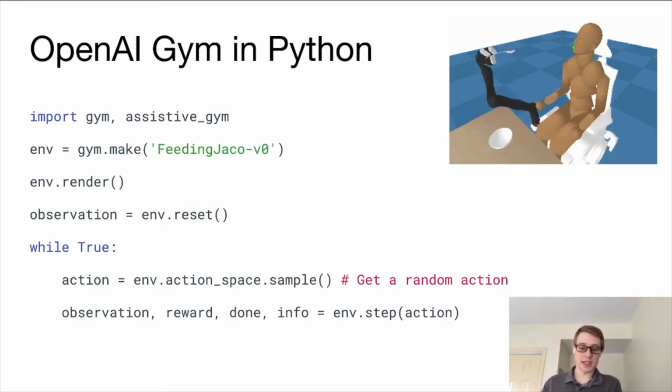After the step function finishes, it will return to you 4 different things: an observation, a reward, a value that specifies whether the simulation is done or not, as well as some extra information which may or may not be empty.